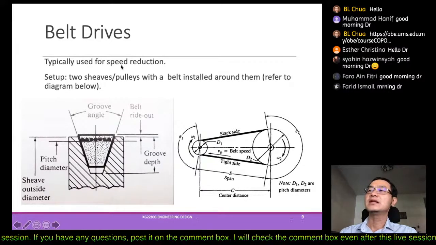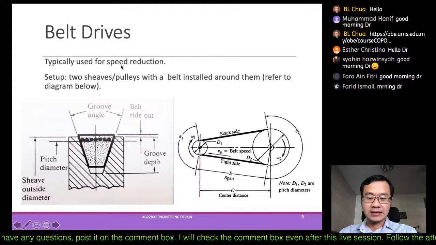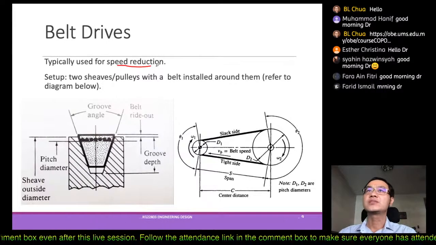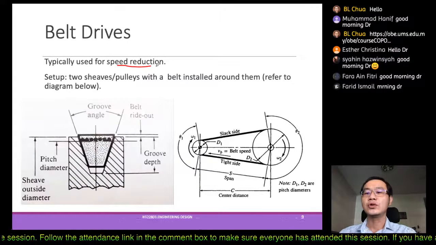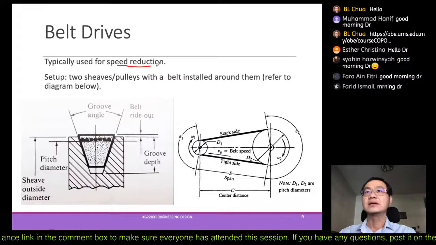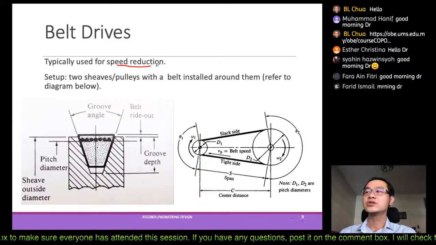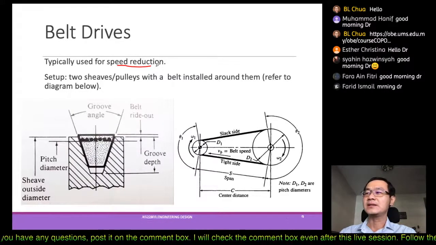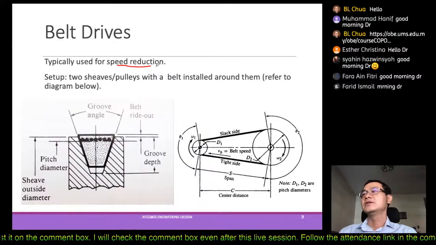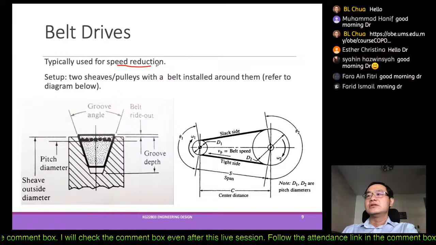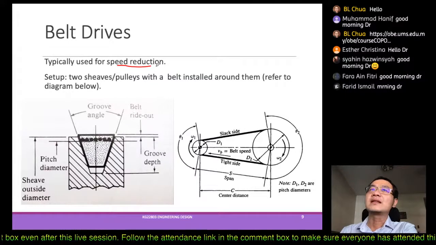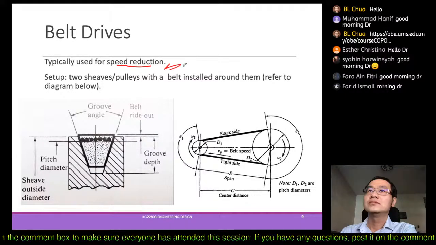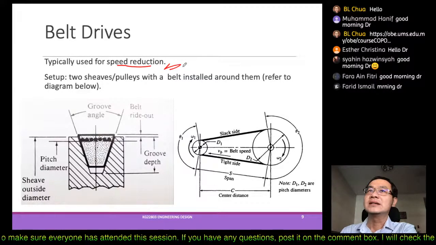It is typically used to reduce speed. The main usage is to reduce speed, because generally the motor will move at a very high speed, and we intend to reduce it to a usable or acceptable speed for our machines, because the machines could not move that fast when pumping certain things.